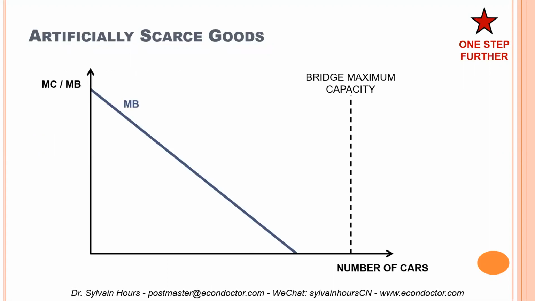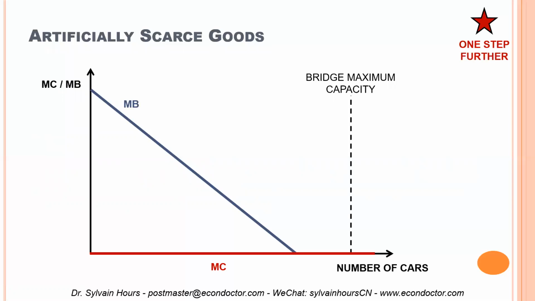There is a diagram that I use with a bridge. You have the marginal benefit of consumption. This is your demand curve. This is the number of cars, which is the quantity of output on that bridge. And because this good is non-rival, let's just assume that this bridge is non-rival. It does not cost anything to allow one more car to cross the bridge.